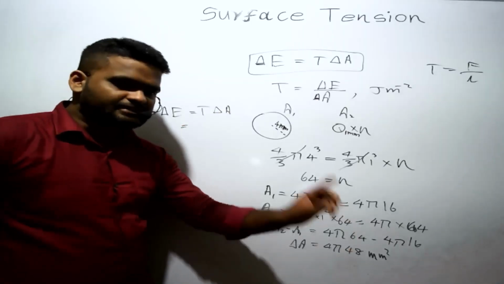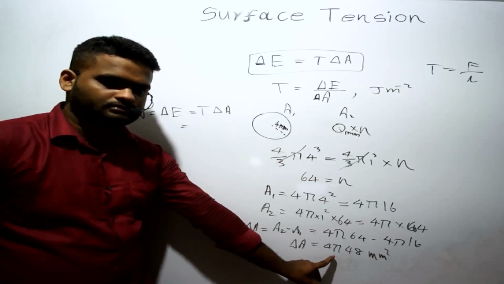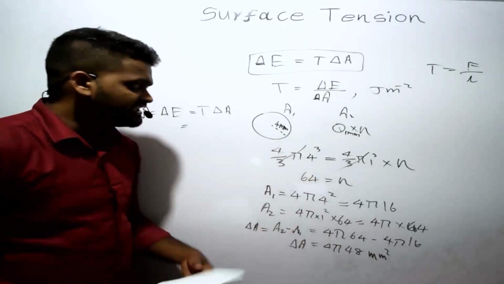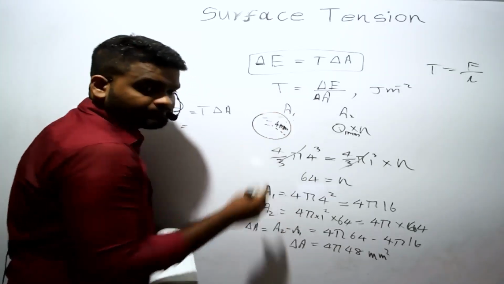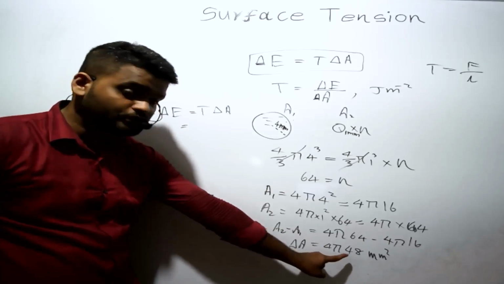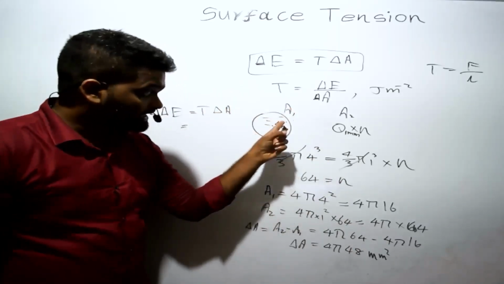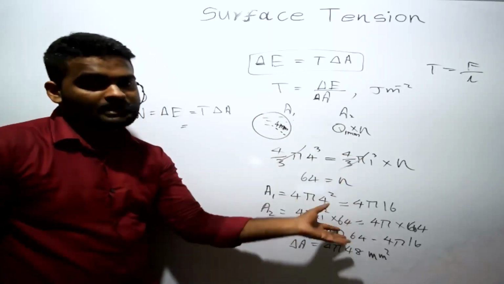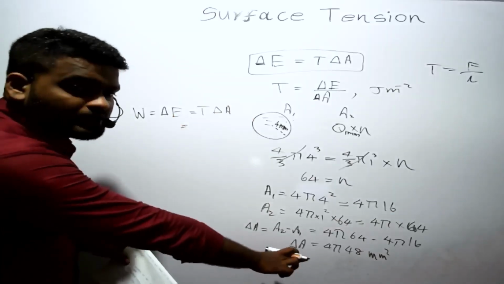Here you know that there's only one free surface, so you don't have to double this value to find delta A. This is a liquid drop, so it is liquid to air. One free surface, you don't have to multiply by 2. Let's say you have soap bubbles, then you have to multiply by 2 and substitute it here. Here you don't have to.